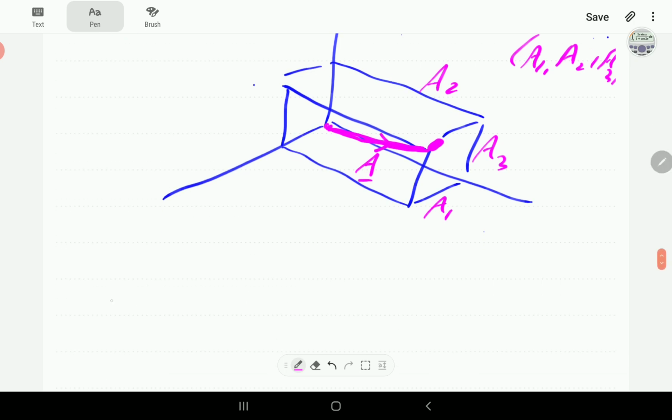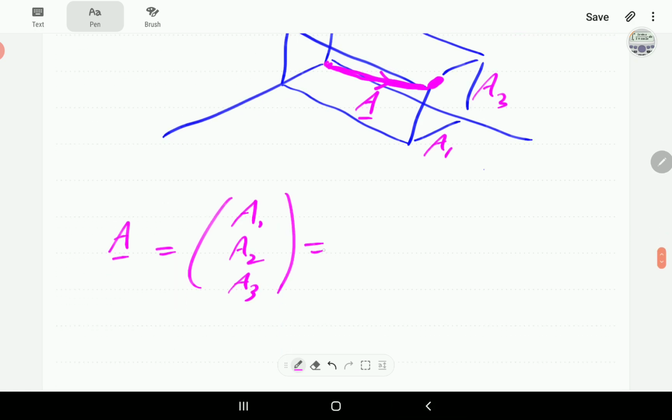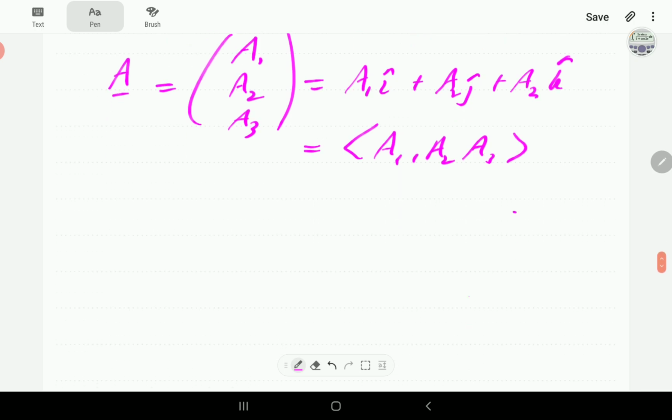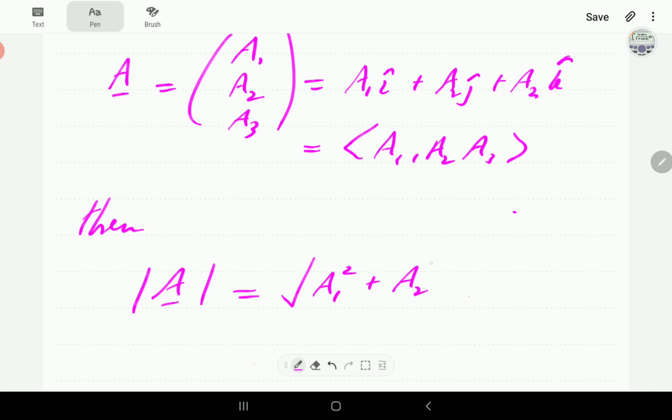So if we have got vector A defined as (A1, A2, A3), or A1i plus A2j plus A3k, or the third alternative, the column vector A1, A2, A3, then the magnitude of A is going to be given by the square root of A1 squared plus A2 squared plus A3 squared.